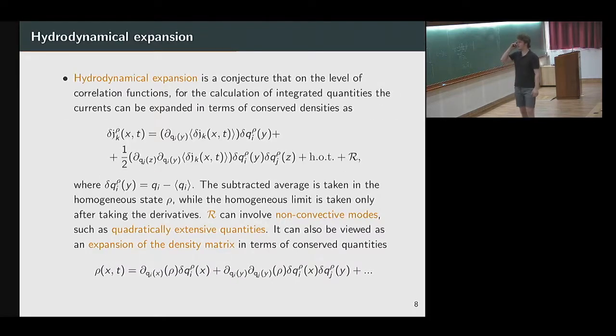So what I do basically is something that I call a hydrodynamical expansion. This is a conjecture that on the level of correlation functions, I can expand my current at some place x and time t in terms of variations of conserved quantities. So I can expand it to all levels.